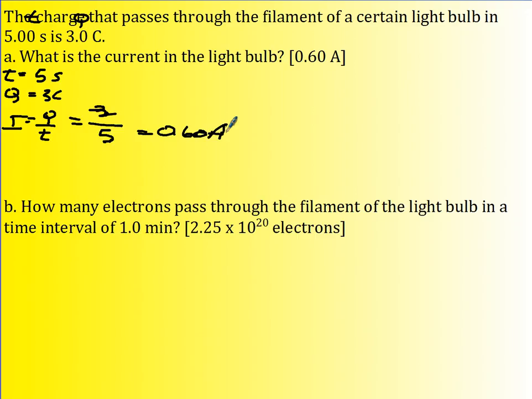How many electrons pass through the filament of the light bulb in a time interval of 1 minute? All right, so my time is 1 minute, and I have a current of 0.6 amps.